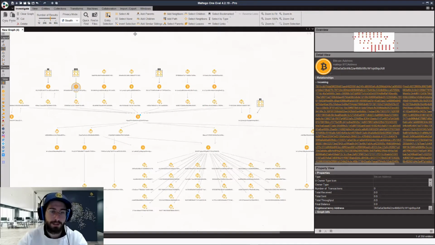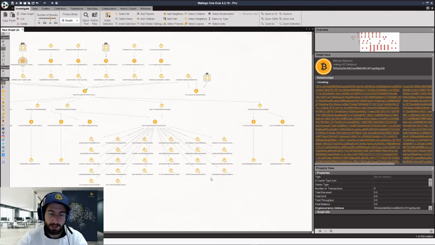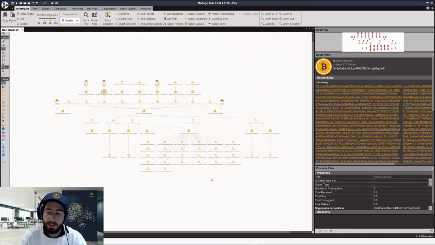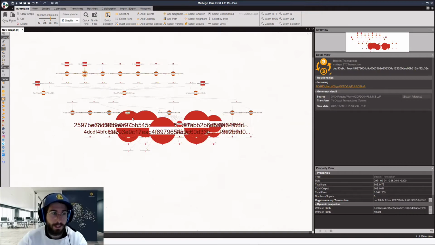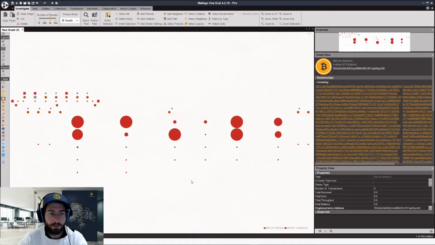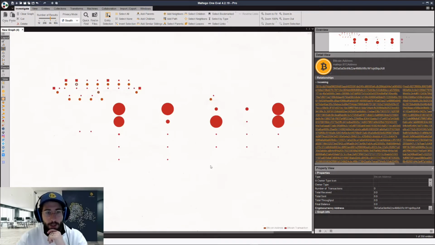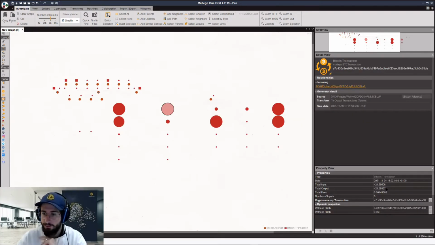But what I'm interested in is Bitcoin transactions, which is why I made a specific view that is going to help me highlight the transactions with a very big amount of Bitcoin riding on them. So I'm just going to select it here. And I can see already that there are several that have a lot of Bitcoin involved. To know how much, I can just click on a transaction and read here.